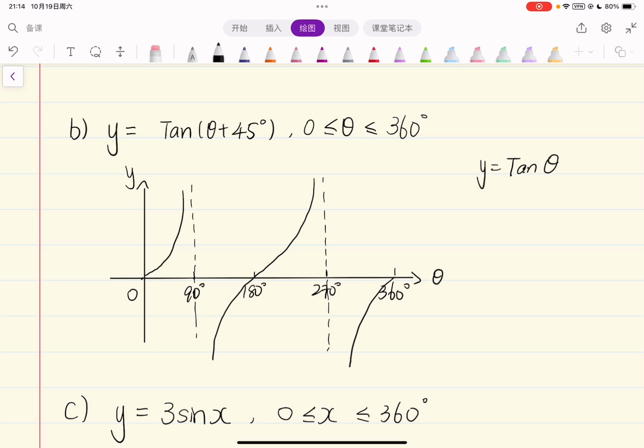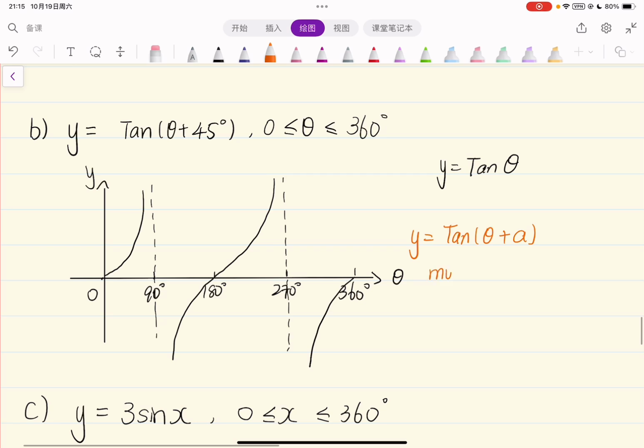So we have y equals tangent bracket theta plus 45 degrees, which means y equals tangent theta plus a. That a is inside the bracket, which means you move, let me see, here is 45.